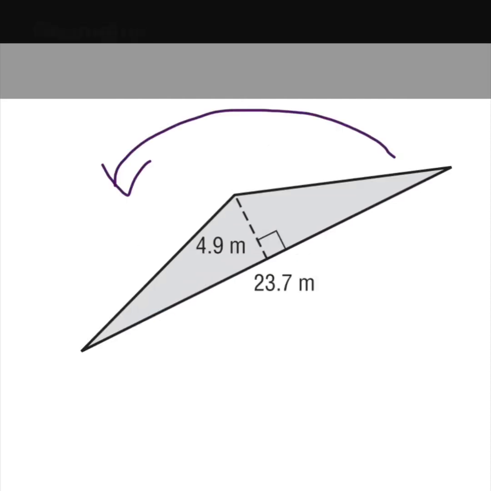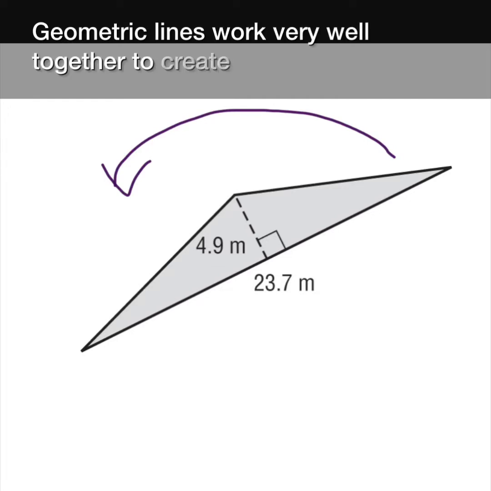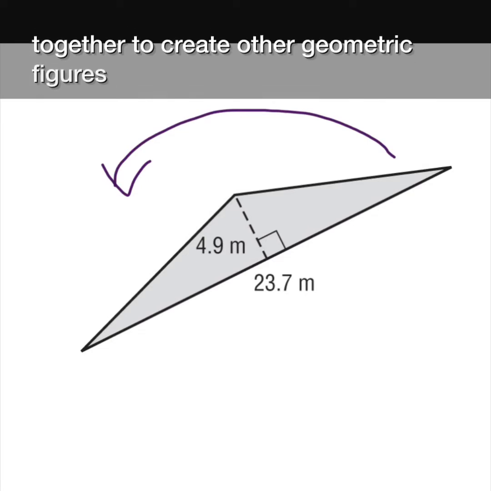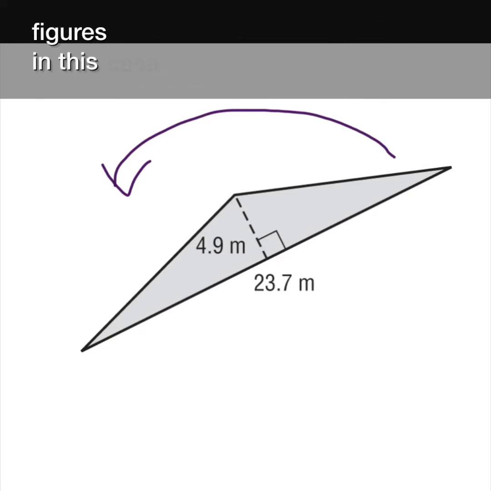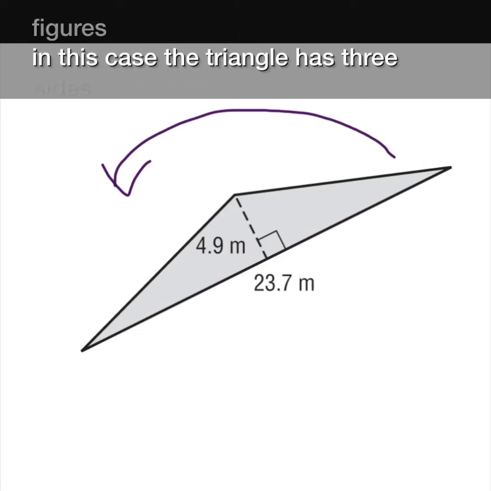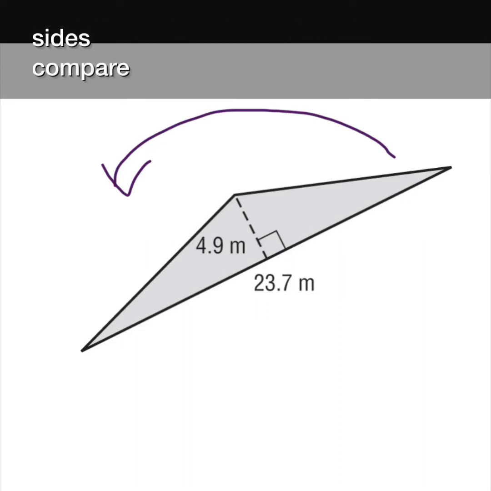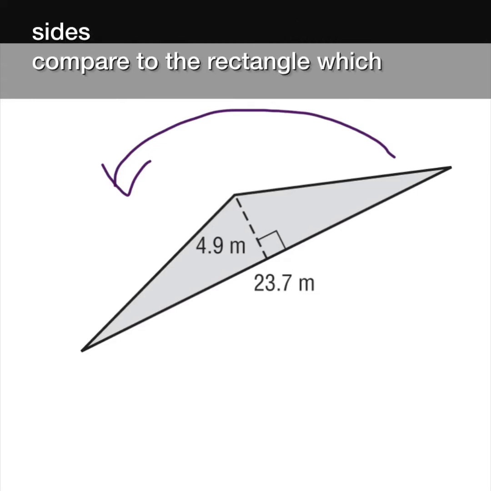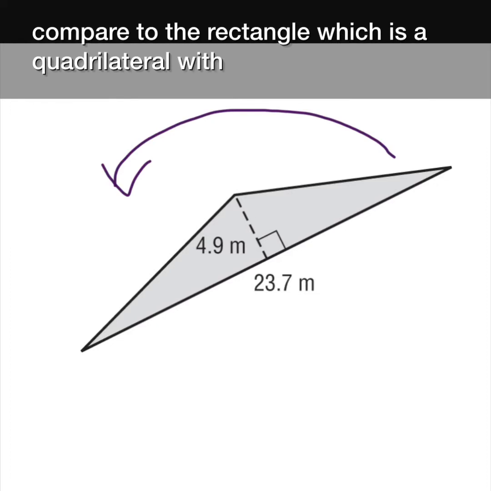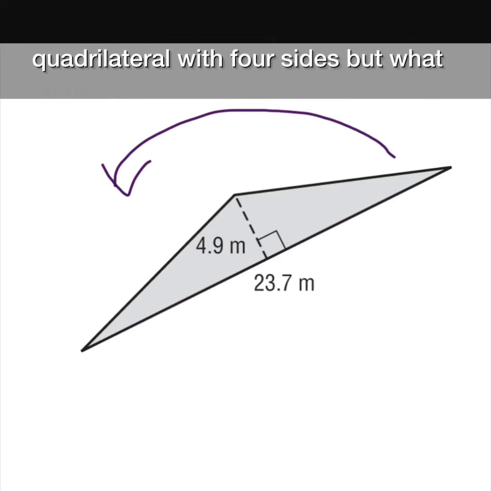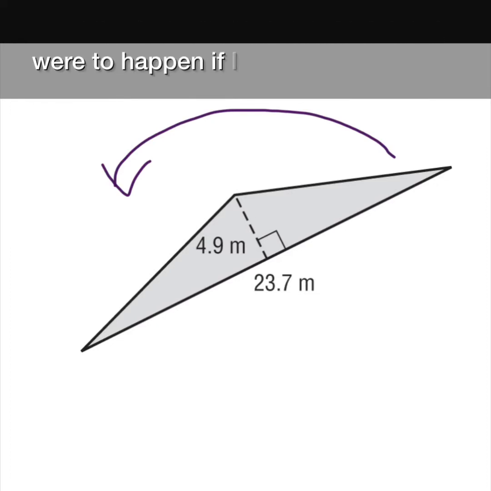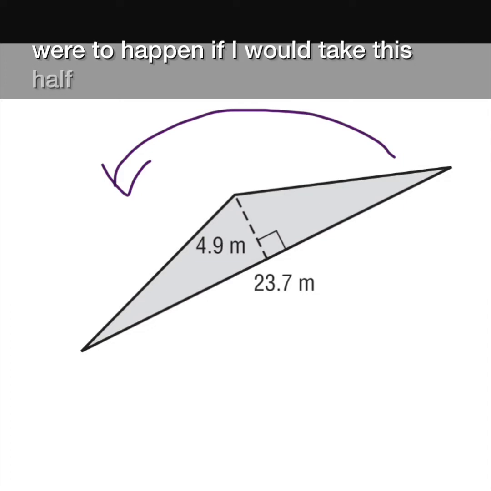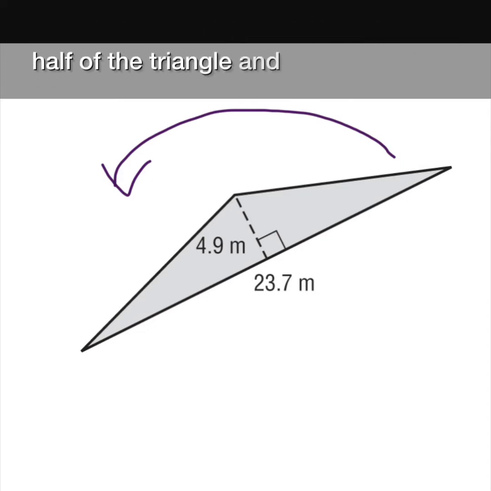Geometric lines work very well together to create other geometric figures. In this case, the triangle has 3 sides compared to the rectangle, which is a quadrilateral with 4 sides. But what would happen if I were to take this half of the triangle and flip it over?